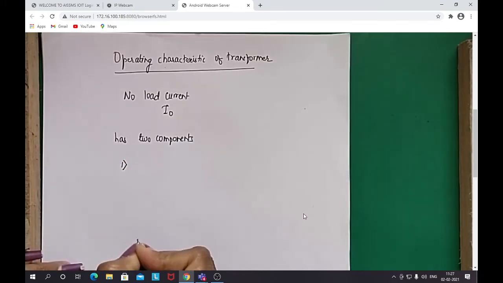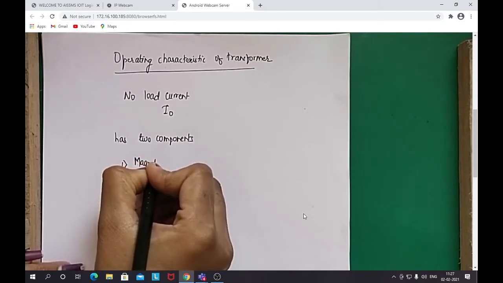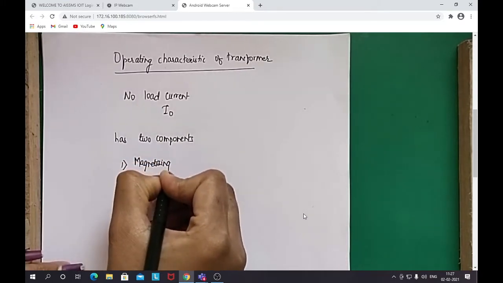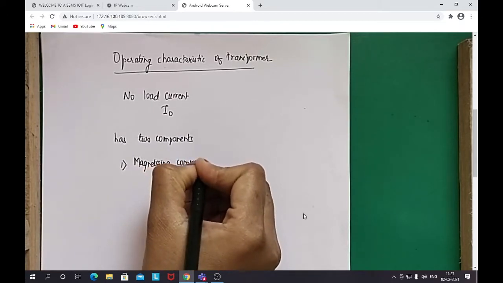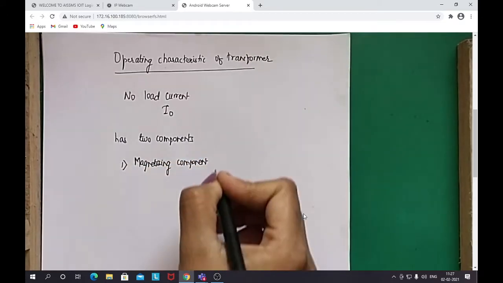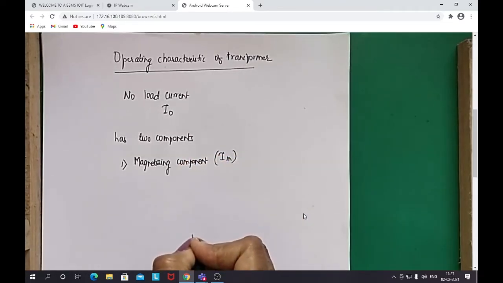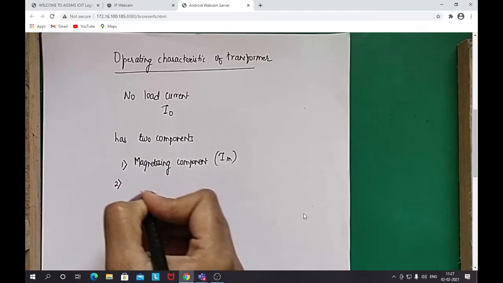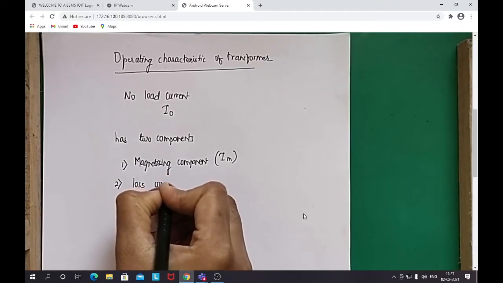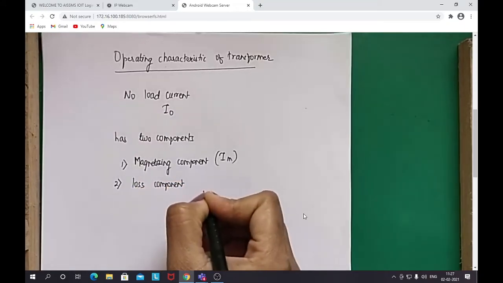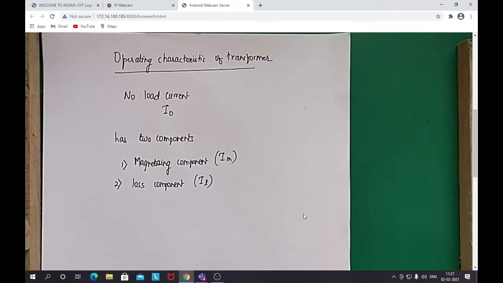The first component is the magnetizing component, which is denoted by capital I subscript small m, and the second component is known as the loss component, which is denoted by capital I subscript L.